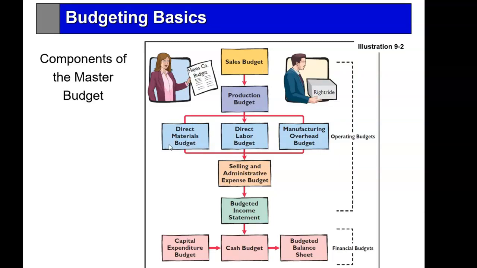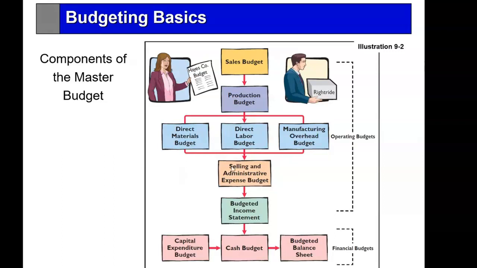Then the purchasing manager, who's responsible for purchasing raw materials, direct materials, among other things. We need materials in order to produce. And so he takes the production budget and builds the purchasing budget to make sure that he has the material on hand when the production manager needs it in order to produce the product for the marketing people to sell that month.